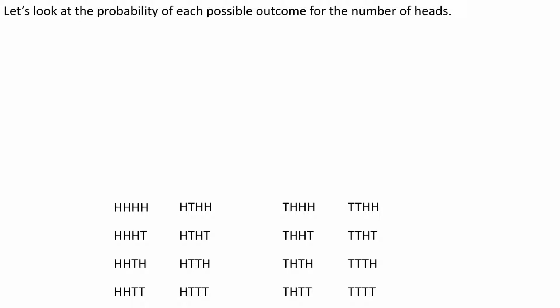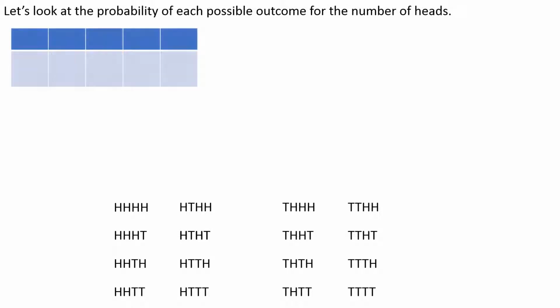Okay, so let's take a look at the probability of each possible outcome. What if I wanted 0 heads? Well, there's a way that can happen. One of the outcomes is no heads.